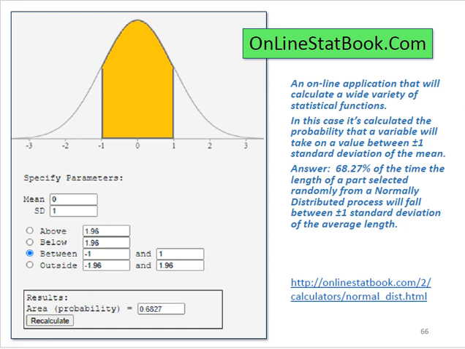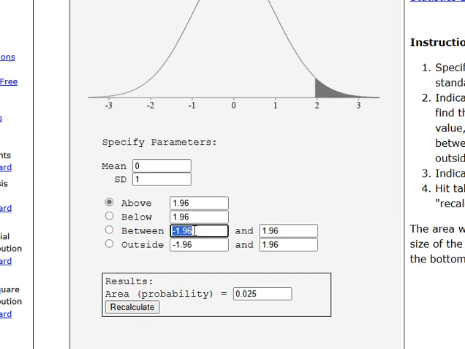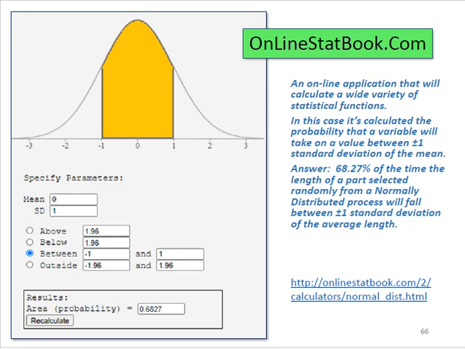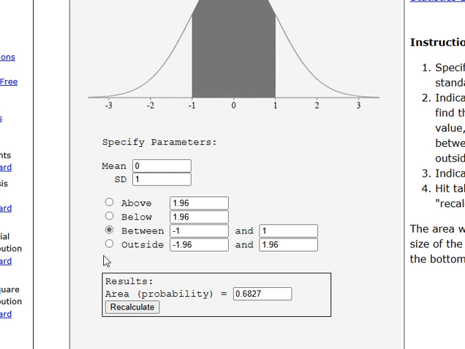Let's calculate according to this example. We're going to change it to minus 1, so let's go back here and change that to minus 1, and then change this to plus 1. Then we go ahead and calculate it.